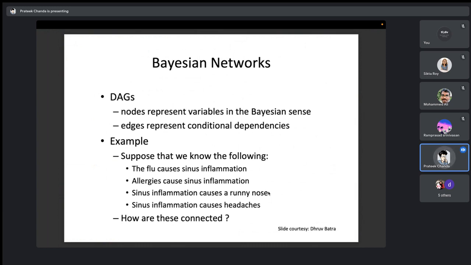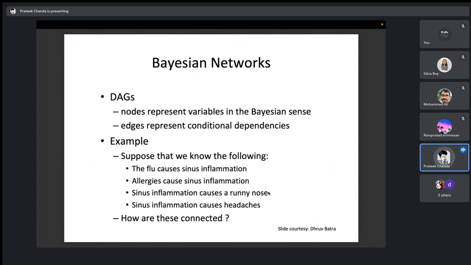One example can be, suppose the flu causes sinus inflammation. So flu is a node in the graph, and sinus inflammation is another node in the graph. Since flu causes sinus inflammation, you have a directed edge from flu to sinus inflammation. Similarly, allergies cause sinus inflammation, so you have a directed edge from allergies to sinus inflammation. And sinus inflammation, on the other hand, causes a runny nose.